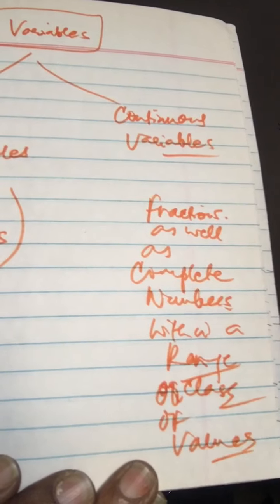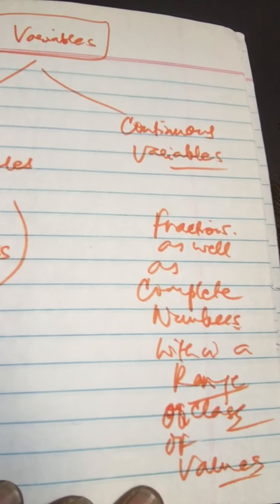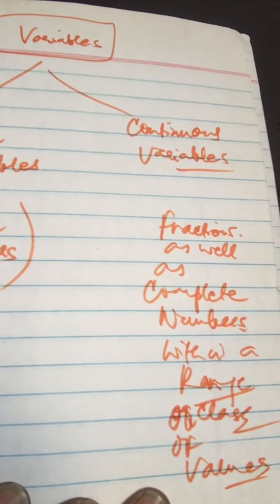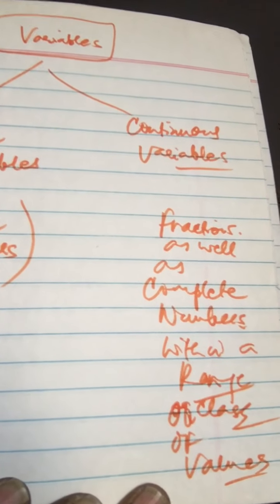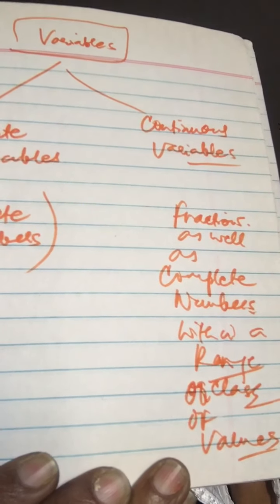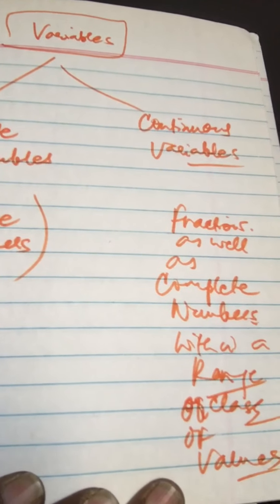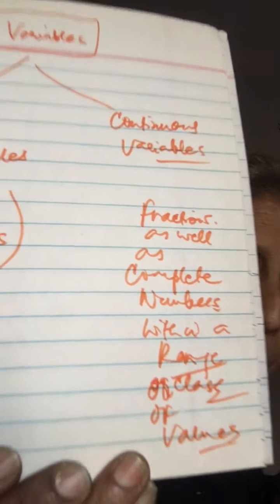We call it continuous if it is capable of passing from any given value to the next value by infinitely small gradations, even by points. So that's what it is. I hope you've understood the difference between an attribute and variables, and what the different variables are. And once you know about the variables, we'll come to what is known as the raw data.